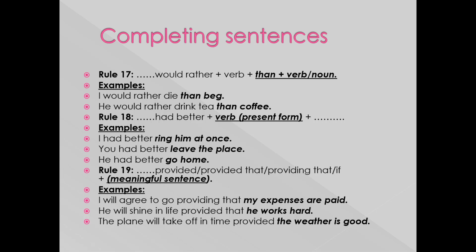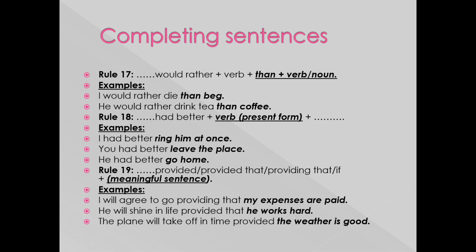Suppose we prefer one choice, then we use would rather, and after would rather we have to use the verb in the present form. And remember one very important thing: in this structure we have to use than, not that, it is than. And after than we have to use sometimes a verb in the present form or sometimes a noun.